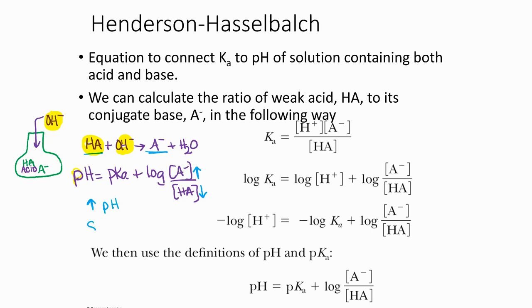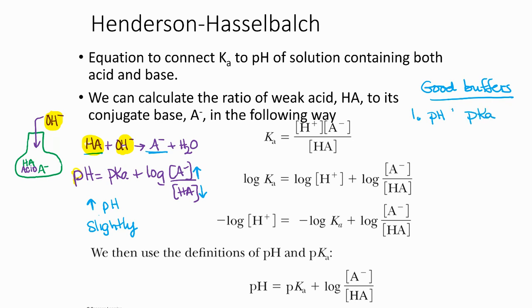But it's going to be slight. Now, one other thing that I think is important to mention is that good buffers, first of all, of course, the pH is always going to be plus or minus.